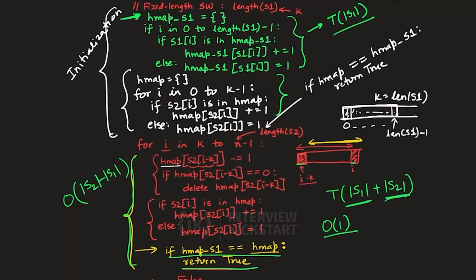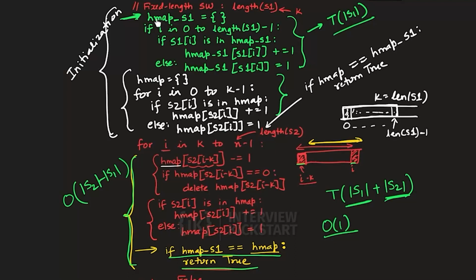And the idea there is, instead of storing two separate frequency tables and then matching the frequency values, if we stored, say, just the difference of the two frequency tables, that is, if we stored this minus this in a single hash map.